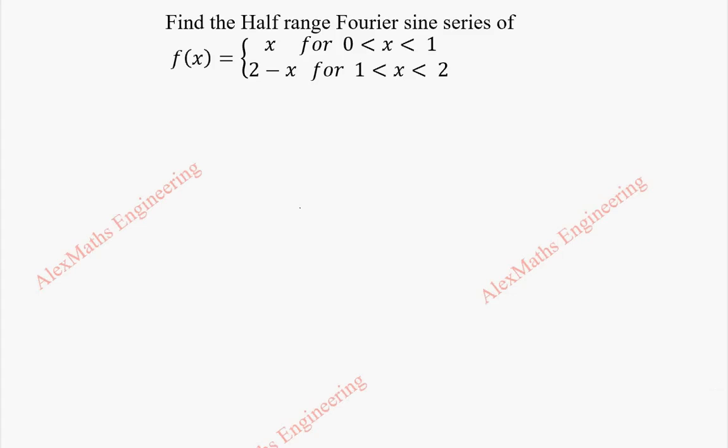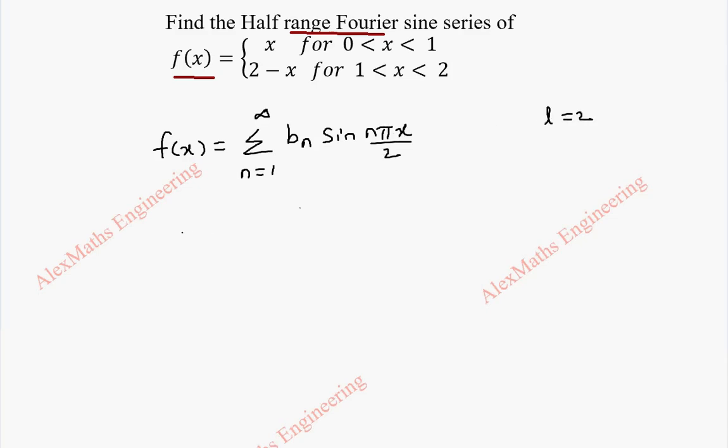In this video, we are going to find the half-range Fourier sine series for the given function f(x). The expansion formula is f(x) = summation n equal to 1 to infinity bn sin(n pi x / L), but here L is 2, so we get sin(n pi x / 2), and the bn formula is 2/L integral 0 to L f(x) sin(n pi x / L) dx.